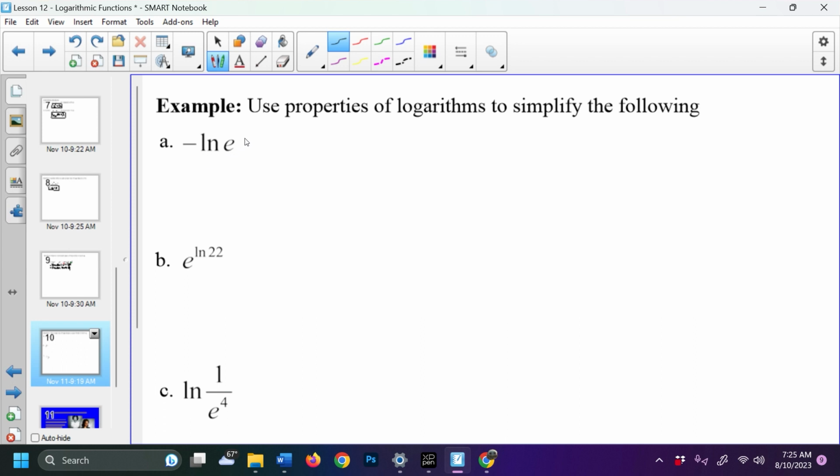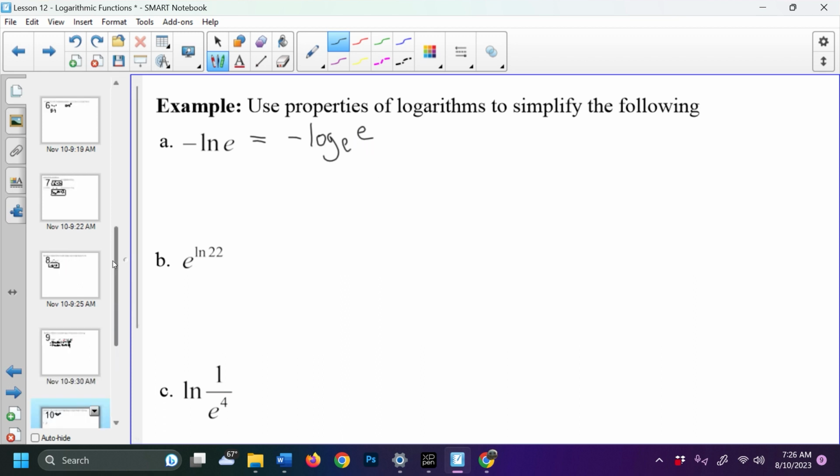But ln e, if you remember, ln is just log base e of e. Now, what do I get when I have log base of the same value of what we're taking the logarithm of?